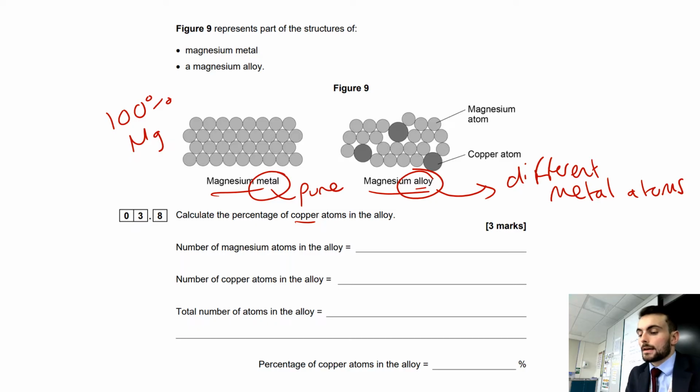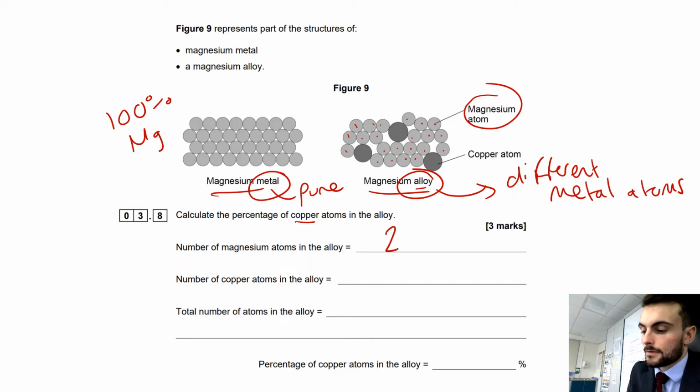So for the number of magnesium atoms in the alloy, you simply just have to count the number of magnesium atoms, which are the light grey ones. So we just count them. That's the first thing we need to do. So we've got 1, 2, 3, 4, 5, 6, 7, 8, 9, 10, 11, 14, 15, 16, 17, 18, 19, 20, 21, 22. We write it down. Number of copper atoms, 1, 2, 3. Total number in the alloy is, you add them both together. So that is 25.